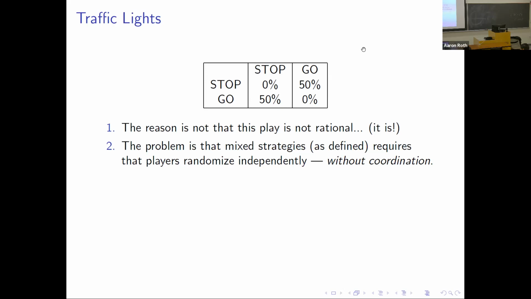So you can imagine talking about a distribution over game states like this as an equilibrium. It's rational for people to play like this. Given that your opponent is playing like this, you wouldn't want to deviate. The problem is that the only way we've talked about so far modeling play of a game is through independent randomization. And without coordination, there's just no way to induce this distribution over game states.